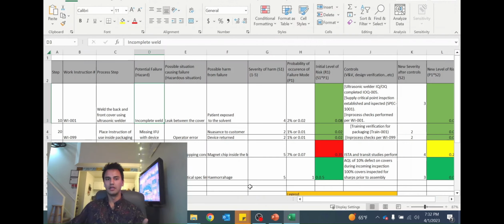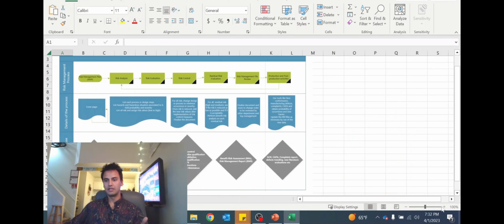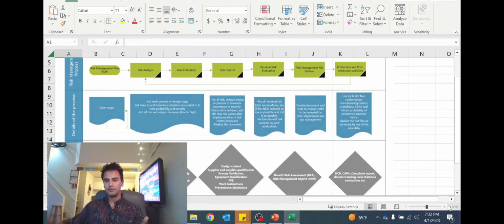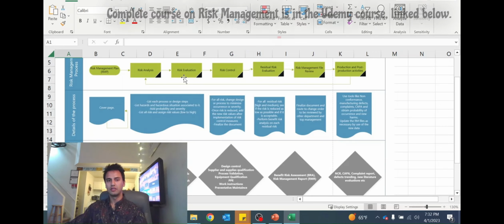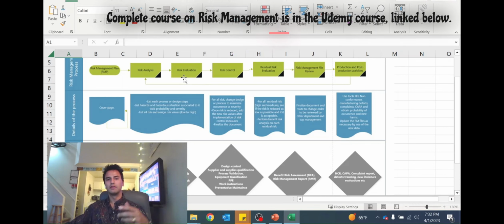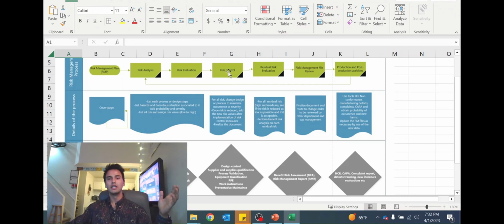Remember, risk control. We need to have that. So we analyzed risk basically because of the process failure. We evaluated, how did we evaluate it? Severity, how much its severity would be. We got the probability from how much it was failing in the past, and we controlled the risk, right?